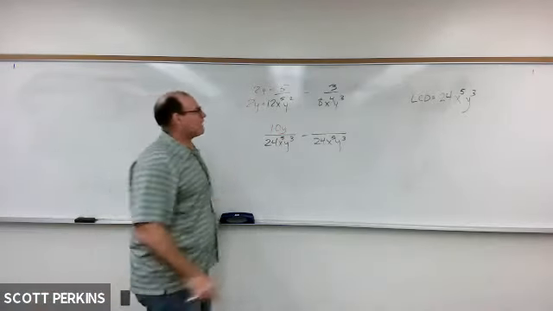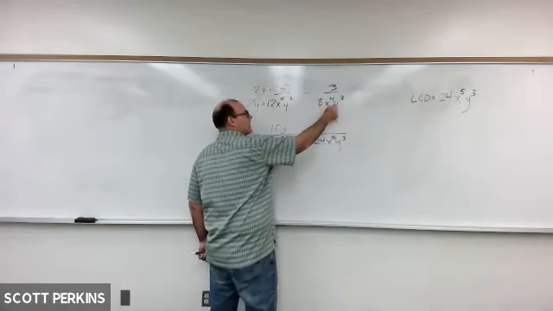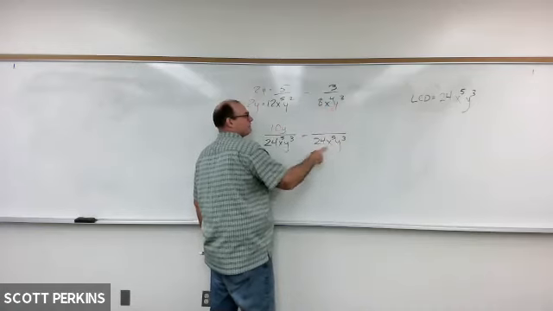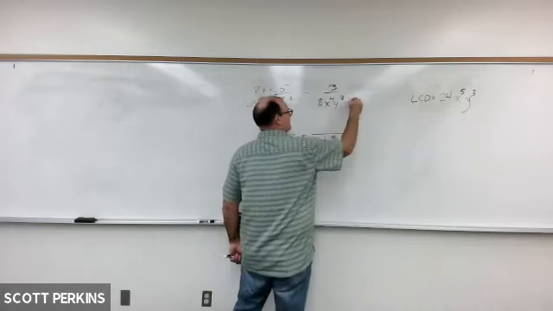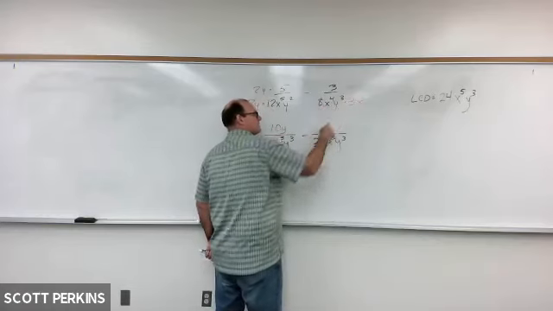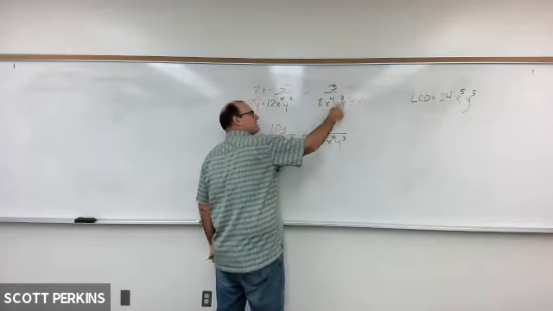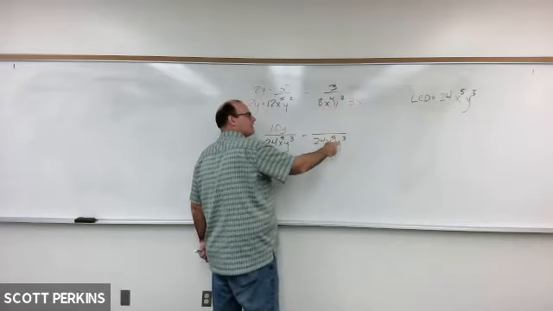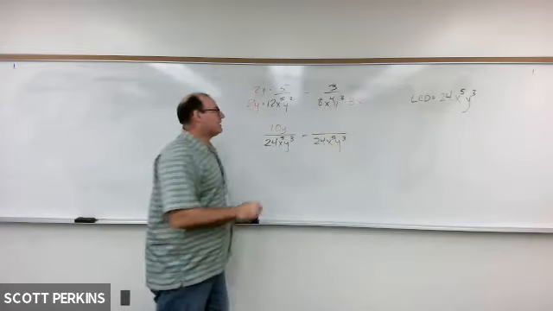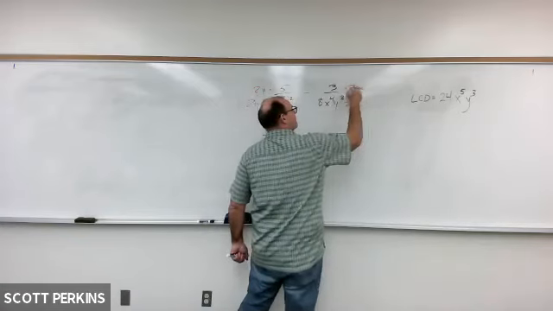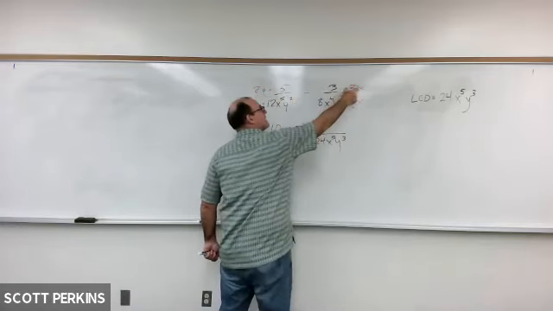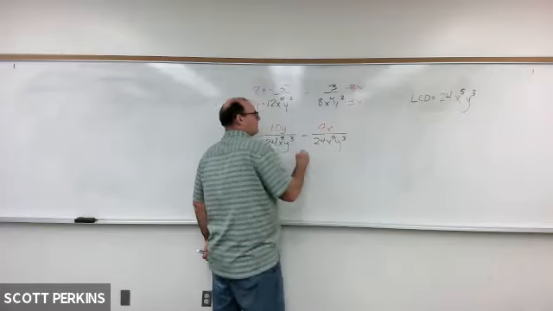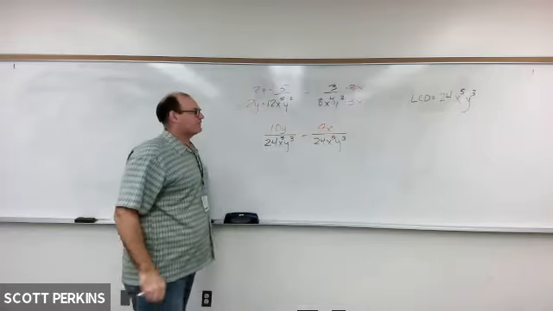What do we have to multiply over here by? 8x to the 4th, y to the 3rd to make it into this right here. Okay, I need a 3 and an x. 8 times 3 is 24. I had 4 x's. I needed one more to make x to the 5th. I already have 3 y's, so I don't need any more y's on that. So I multiply the top by 3x. Negative 3 times 3 is going to be, I got my negative 9x.